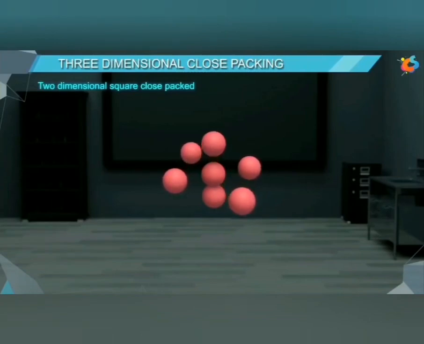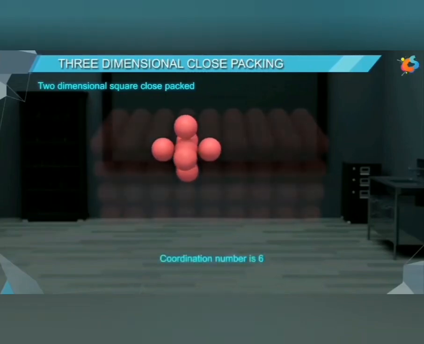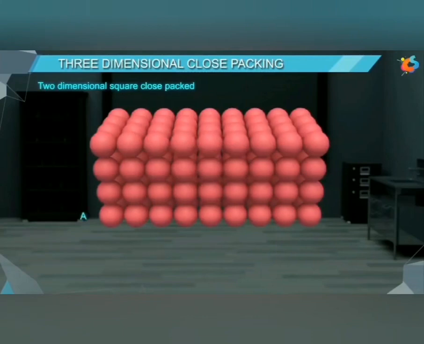The first is present above the atom and the second below, and all the remaining 4 atoms are present in the same layer. So the coordination number will be 6. After that, if the first layer is the A type, we call this arrangement an AA type of arrangement.